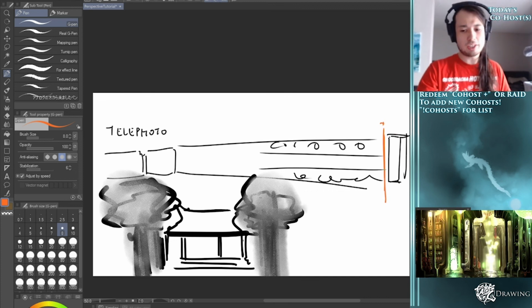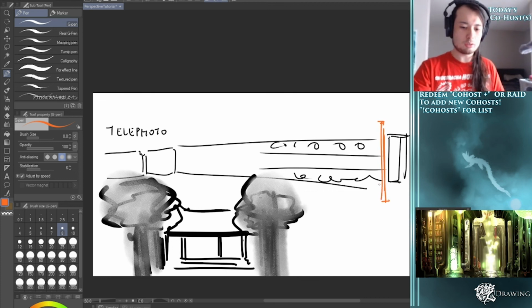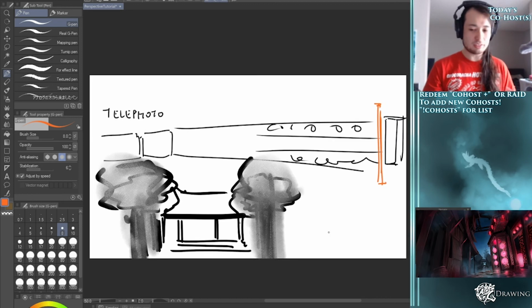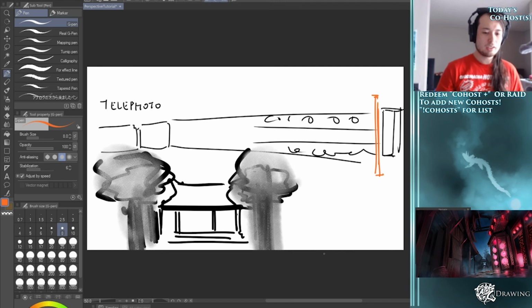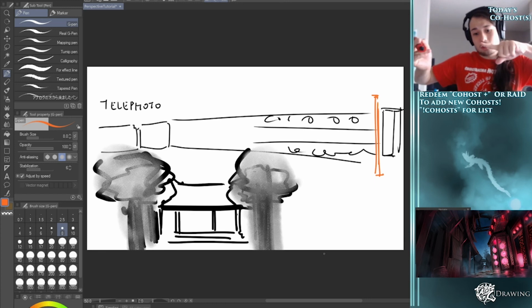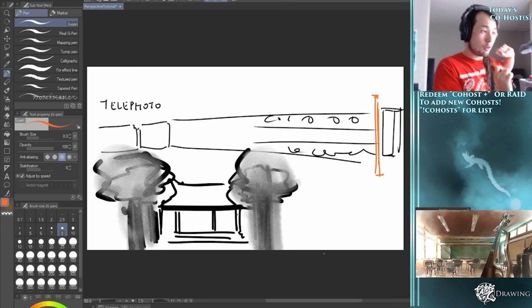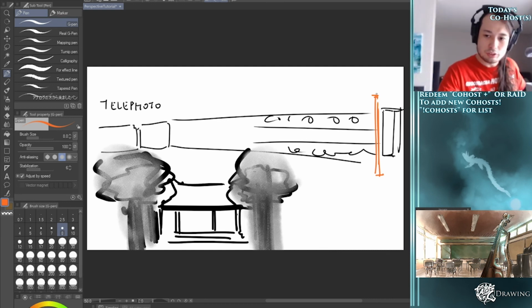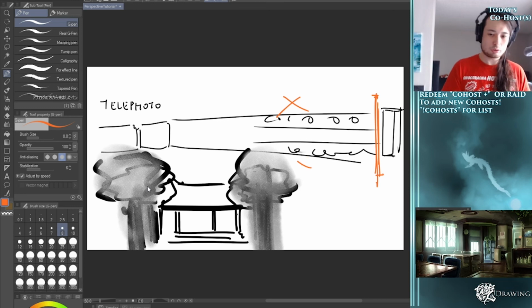A telephoto lens will have a very shallow depth of field, meaning a lot of things are going to be out of focus. I said that this is advanced stuff, but keep in mind that if you want to direct the eye with composition, I don't want you to look here, so I'm going to put that part out of focus, right? This stuff is in focus, this stuff is out of focus, so I'm going to make these trees blurry, you know?